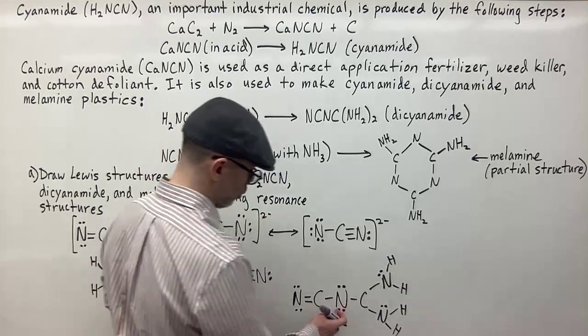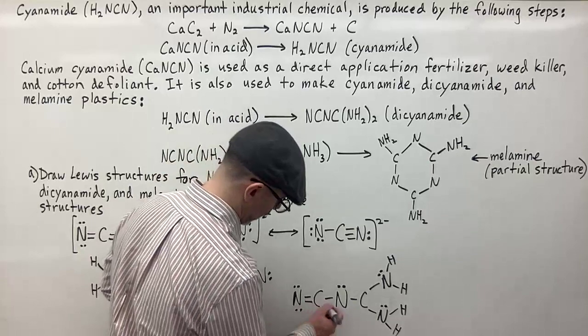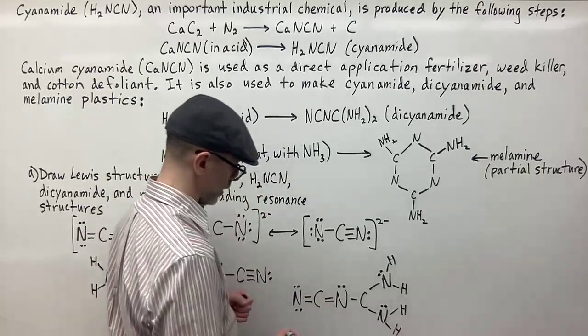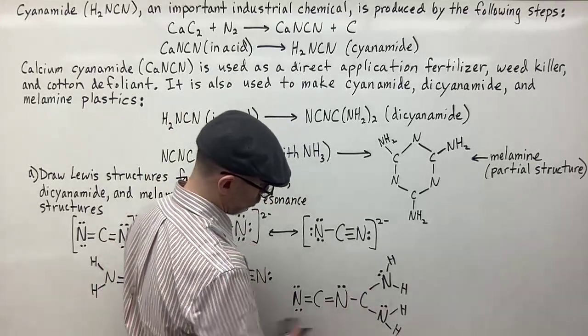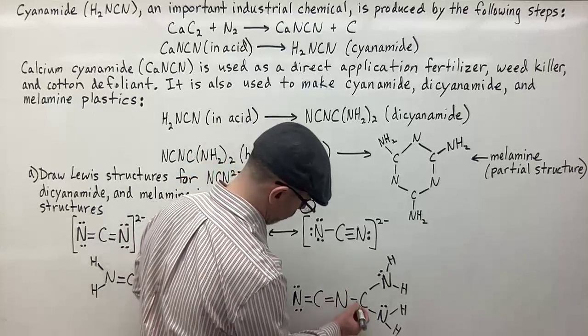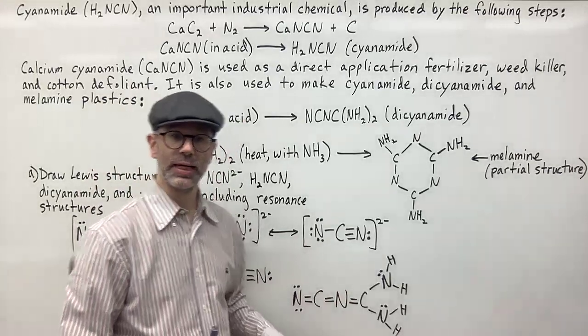I'm going to remove a lone pair from this nitrogen, create a double bond. So now that carbon has a full octet. And now this one needs a full octet. So I'm going to move a lone pair from the nitrogen on top, make a double bond there. So now everyone is happy with an octet.